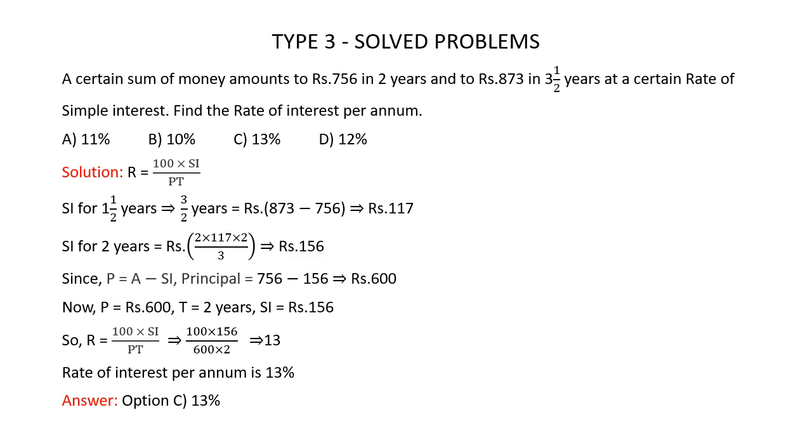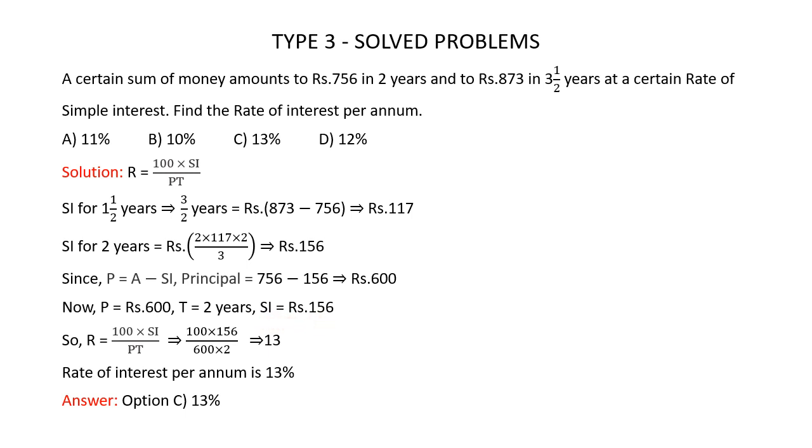So since principal is equal to A minus SI, the principal is equal to 756 minus 156, which is rupees 600. So now we know that principal is rupees 600, time is 2 years and simple interest is rupees 156.